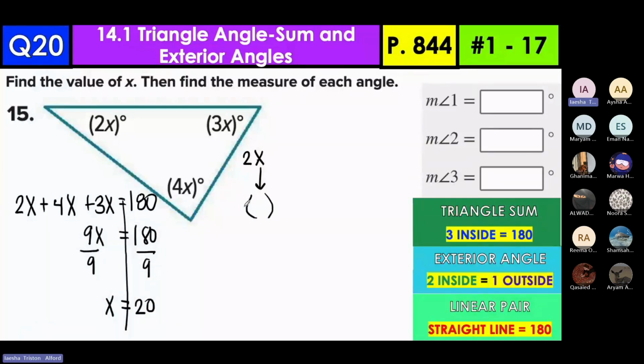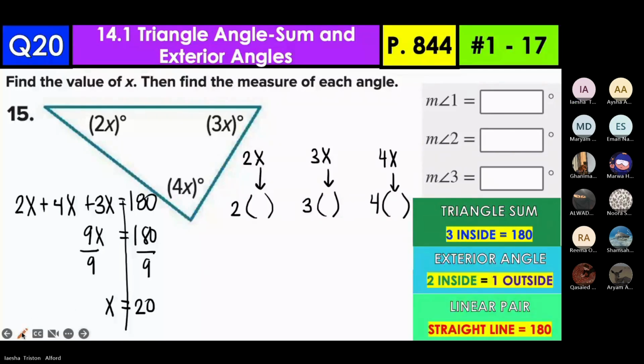Put parentheses, put the 2 out. 3x, we're not writing x. Put the parentheses, 3 out. 4x, we're not writing x. Put parentheses, and the 4 should be outside. Inside, 20.